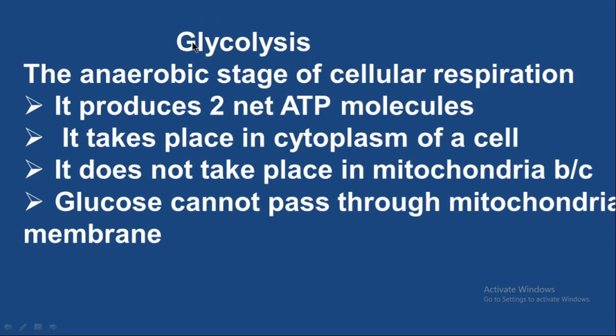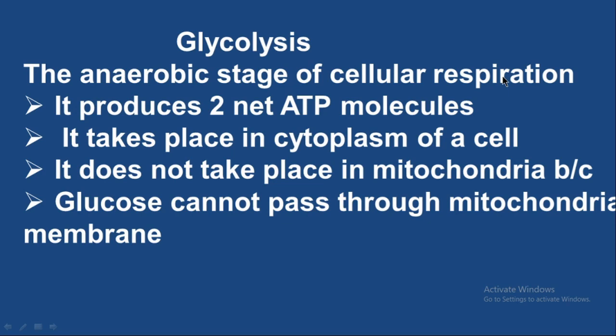Let's see the first one, glycolysis. What does glycolysis mean? Glycolysis means the splitting of a glucose molecule. You know, glucose is a 6-carbon compound with the molecular formula C6H12O6. This is the anaerobic stage of cellular respiration.